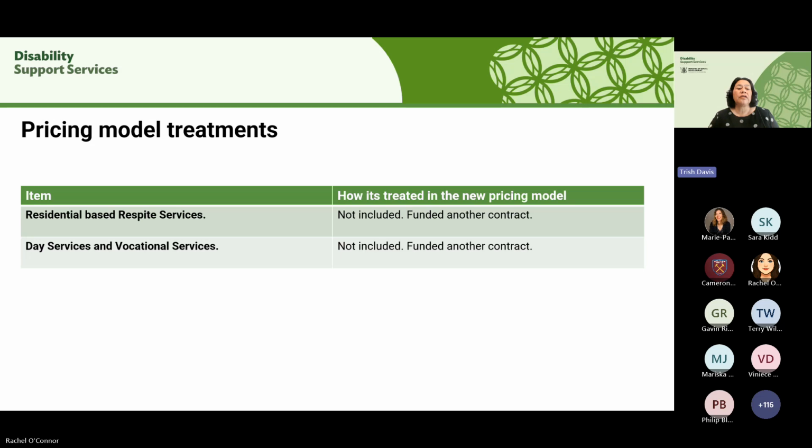In terms of how the following areas are treated under the pricing model, residential-based respite services are not included and they're funded through another contract. Day services and vocational services also are not included and they're funded under another contract.